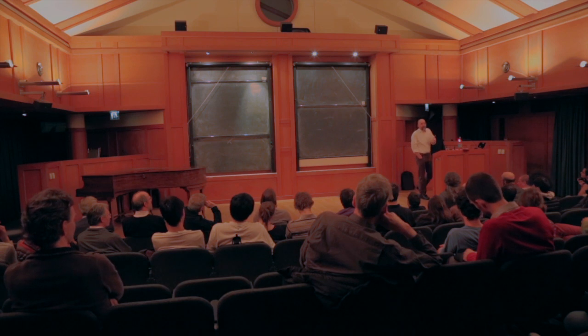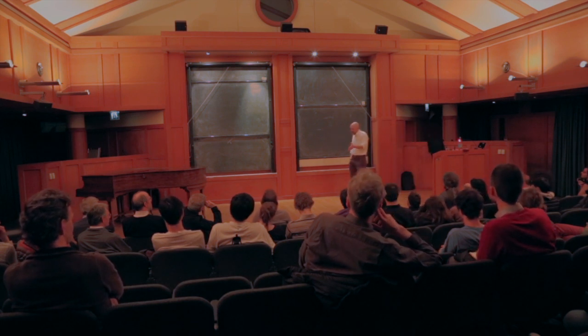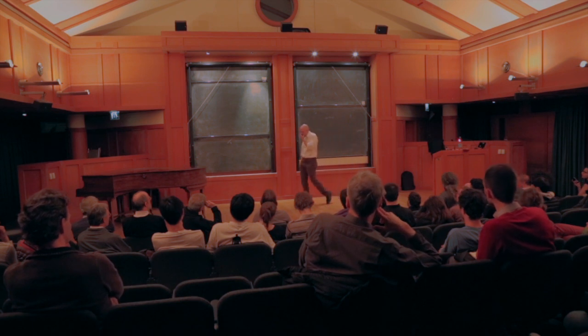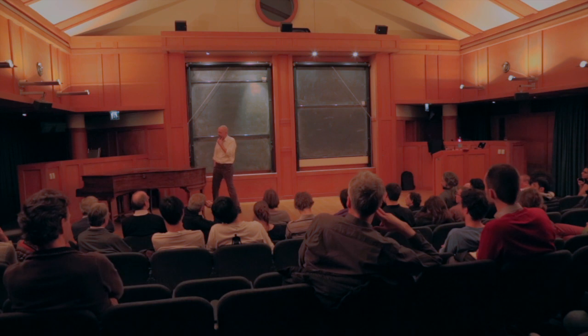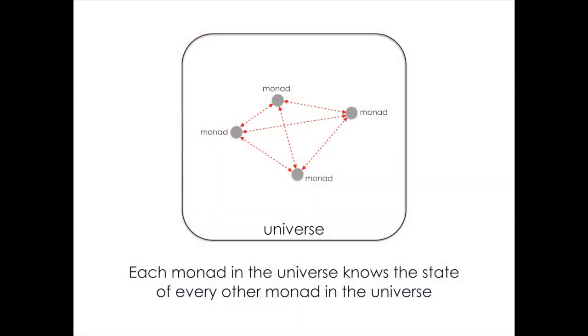Naturally, we'll want to know, if we're going to program monads into our computer, how they interact with each other. And Leibniz says that every monad knows the state of every other monad in the universe. So that too is a bit troublesome. It would be a lot easier if he said that each monad knows its neighbor's states, or the states of all the other monads within a certain distance.